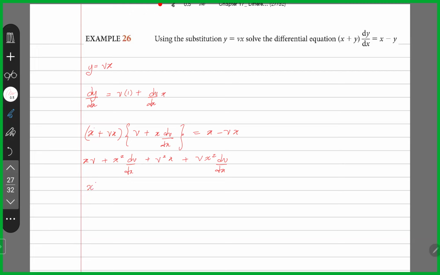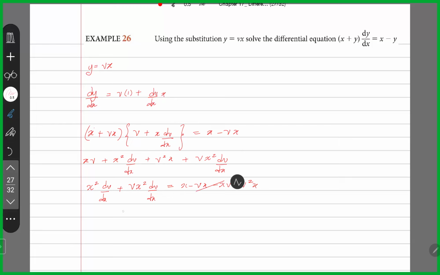So we have x squared dv by dx plus v x squared dv by dx. Let's carry this over. This is equal to x minus vx minus xv minus v squared x. All right, this looks like it goes over to the left.